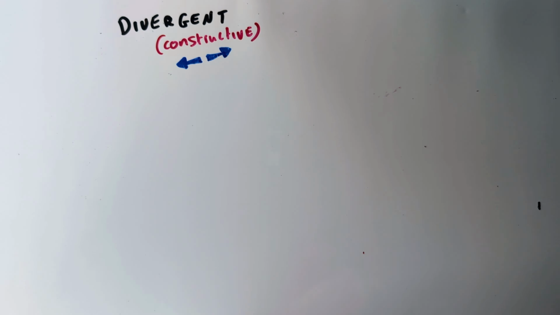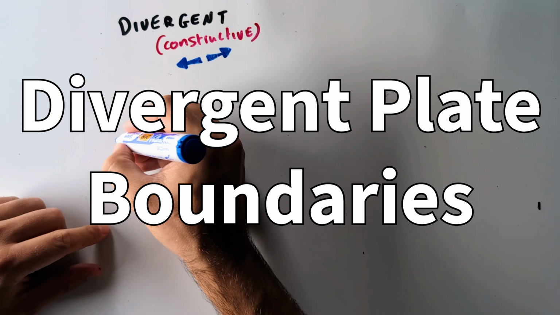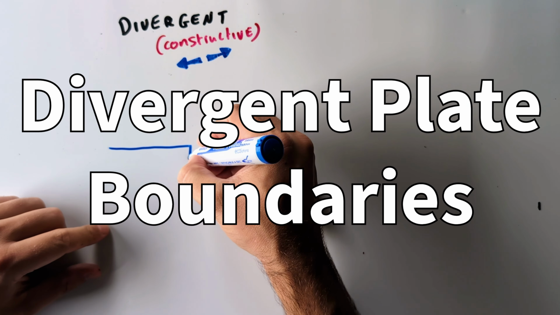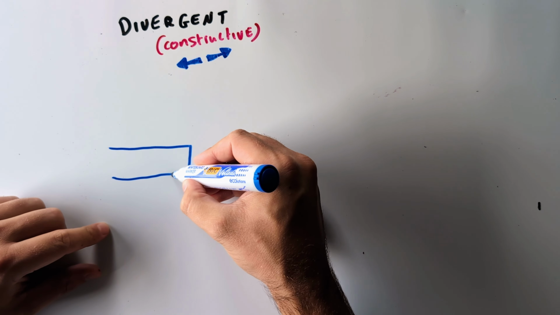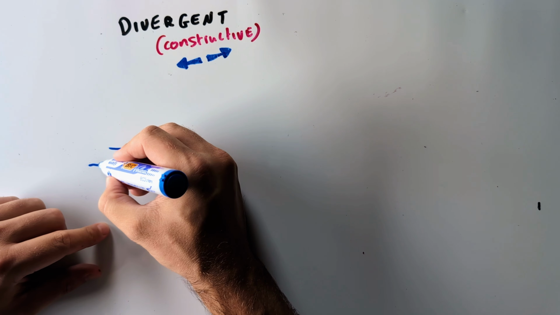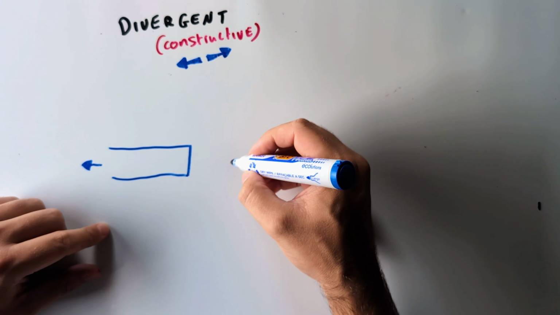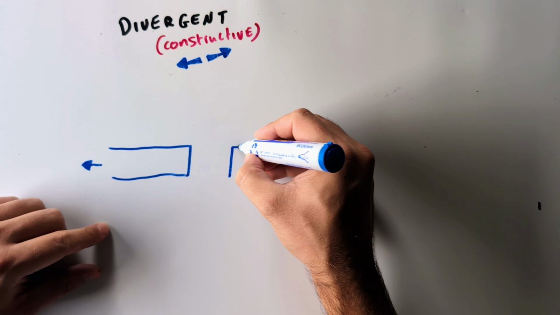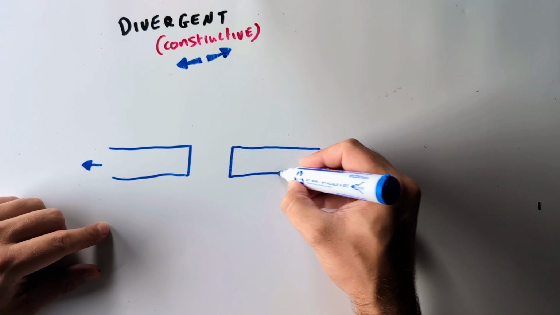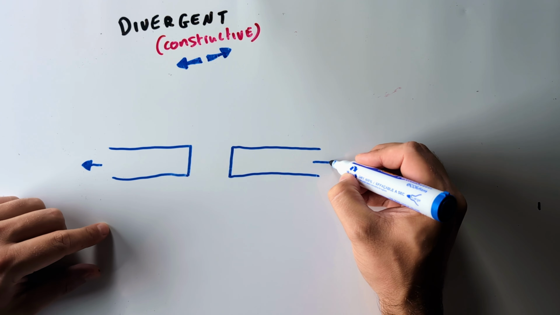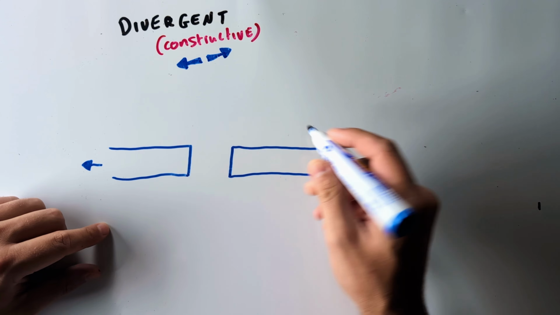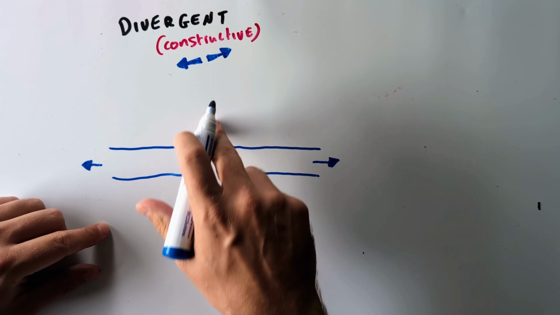Okay, so let's deal with divergent plate boundaries. So, as we discussed in our intro video, divergent means to be moving away. Okay, so we're going to give you an example of two oceanic plates that are moving in opposite directions. Here is the boundary between the two.